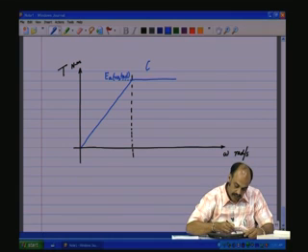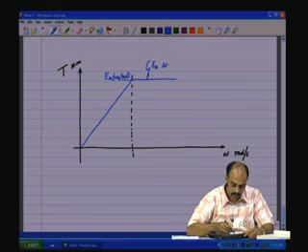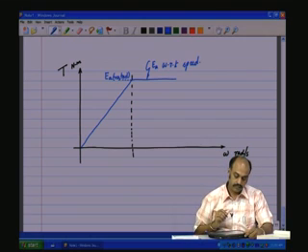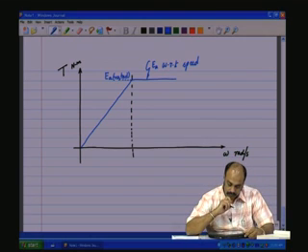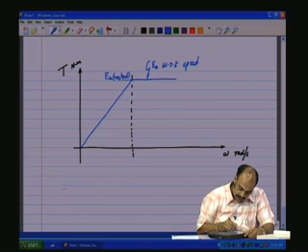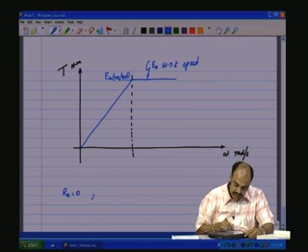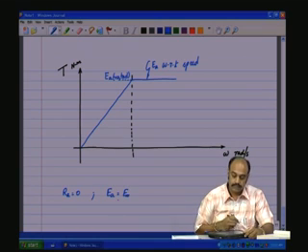So, this is the EA curve. This is EA with respect to speed. Now, let us for the moment take RA equal to 0. So, which means EA is same as E naught.